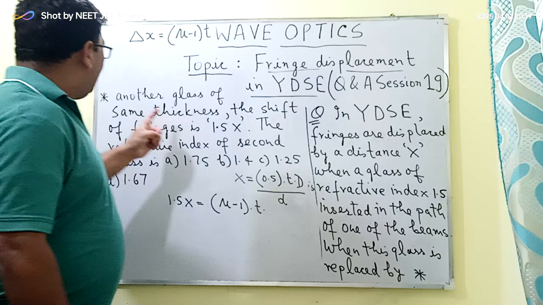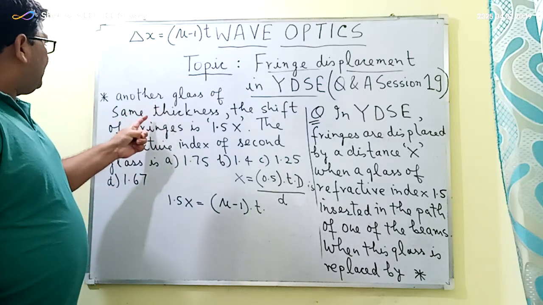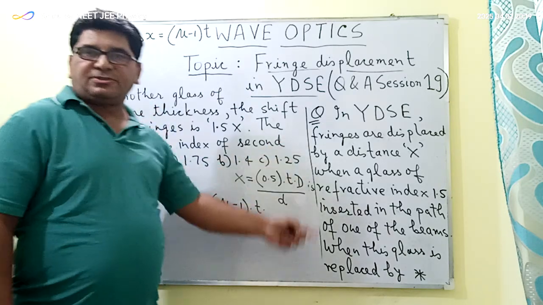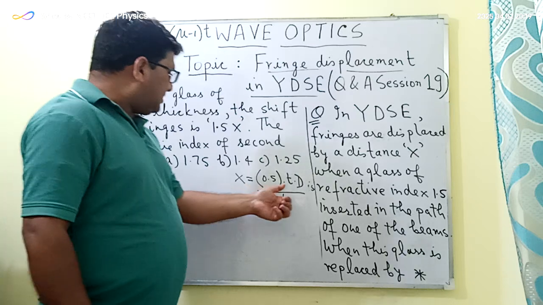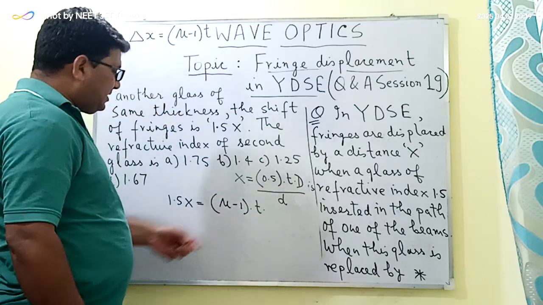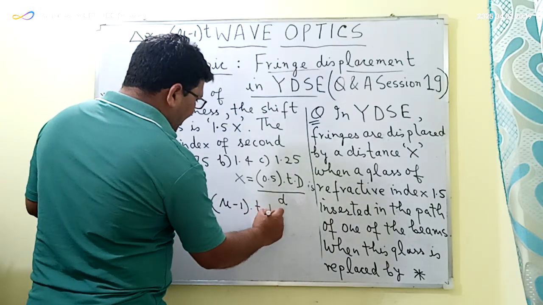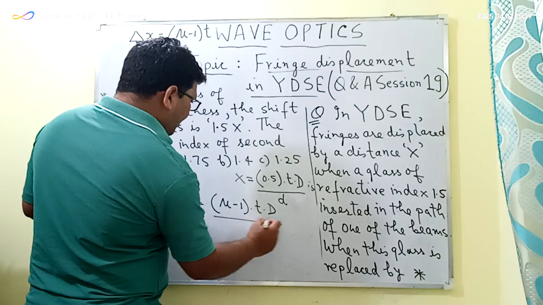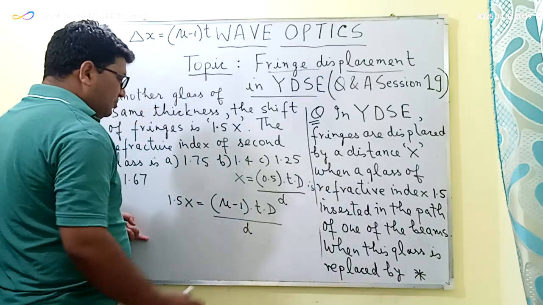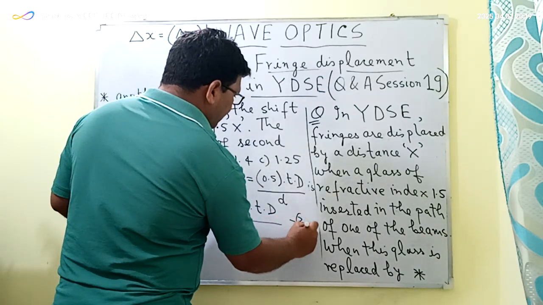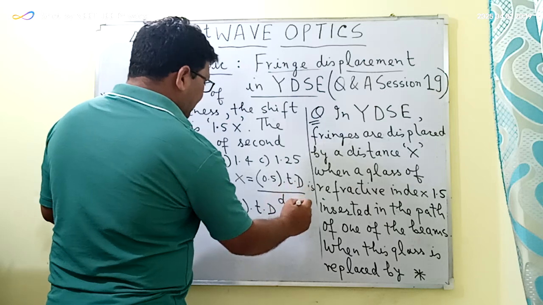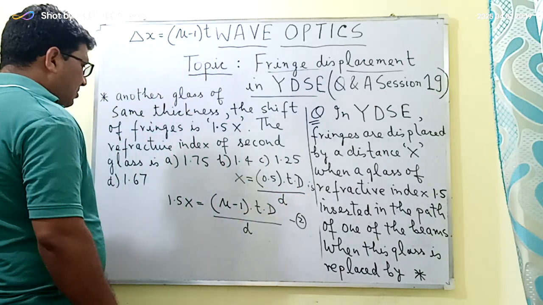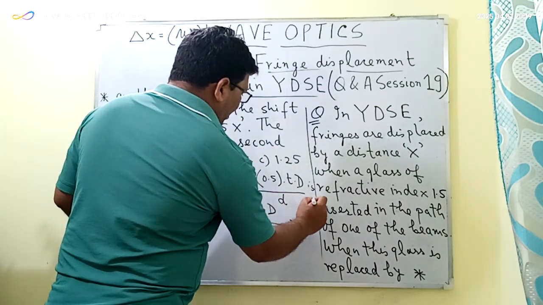Here it is written that the thickness of both these glasses is the same. So if I have taken the thickness in the first case as t, in the second case it will be t, multiplied by capital D divided by small d. So this is the second equation, and this one is the first equation. Let us say this is equation number 1.